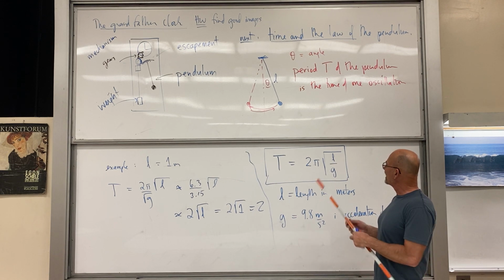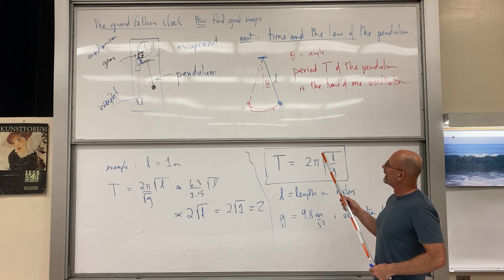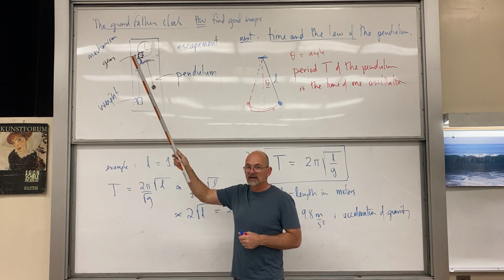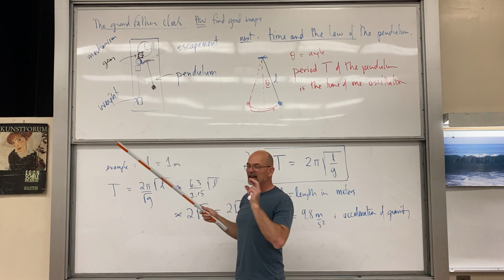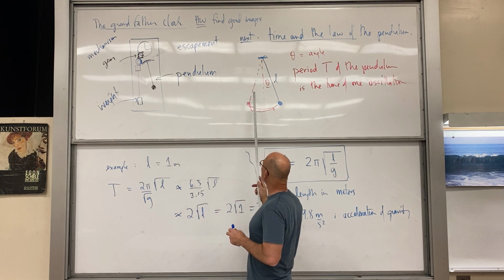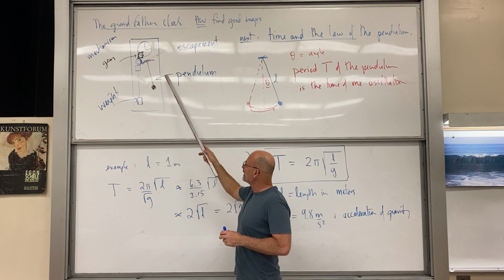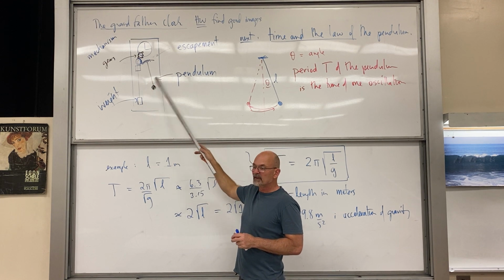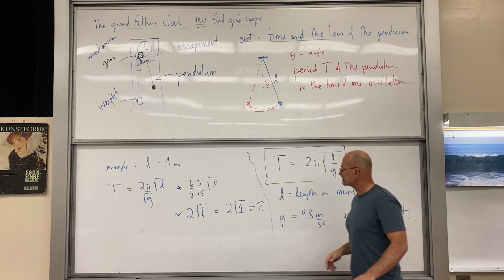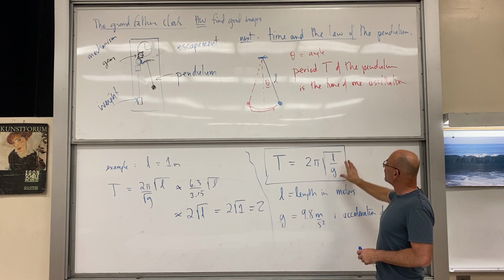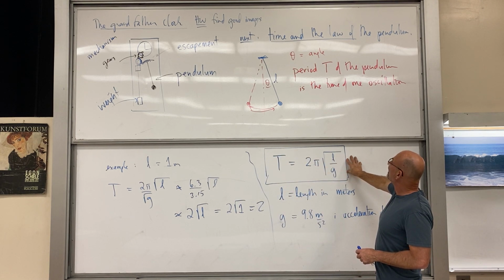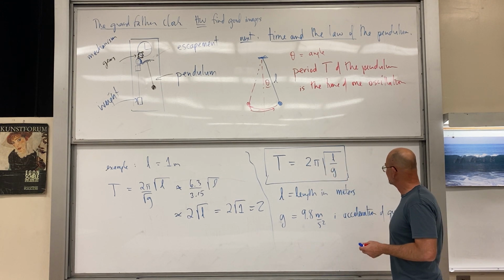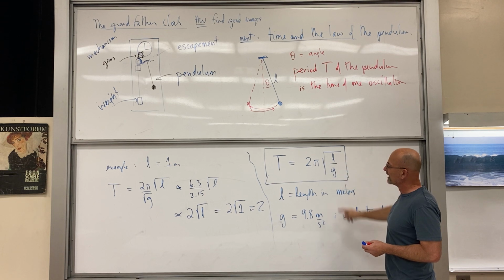And so if you're going to make a grandfather clock, if you make the pendulum about 1 meter long, little details there, but a simple pendulum, 1 meter long, it's going to be a second there and a second back, a second there and a second back. So that's our law of the pendulum and the period of the pendulum. Okay. Square root of the length.